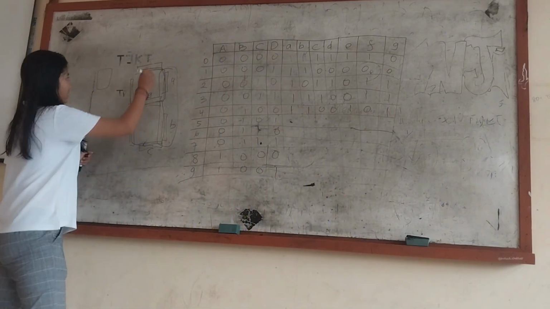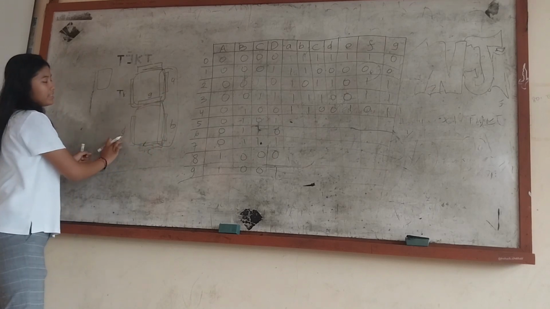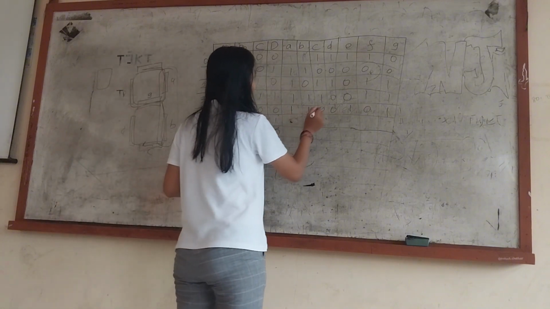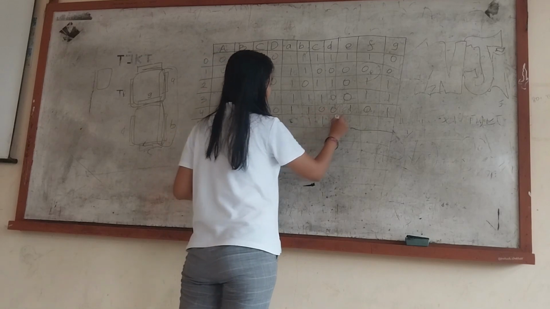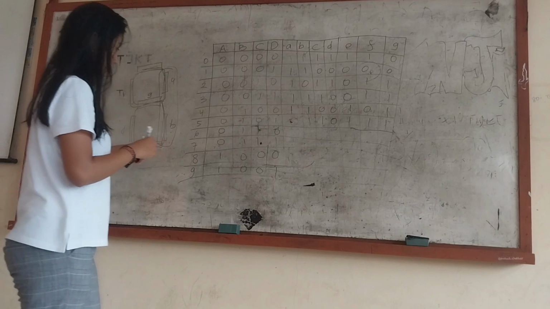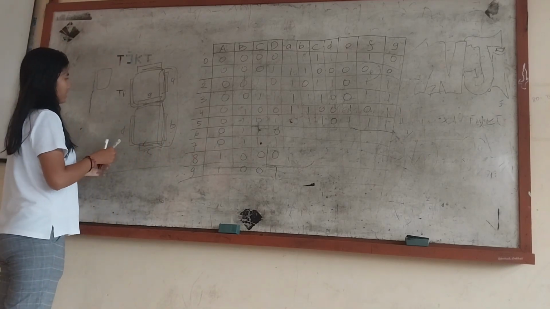We make 5 like this. So B and E are 0, and the others are 1. How about 6? We make 6 like this.